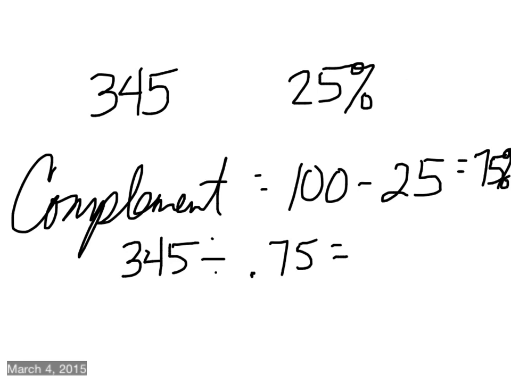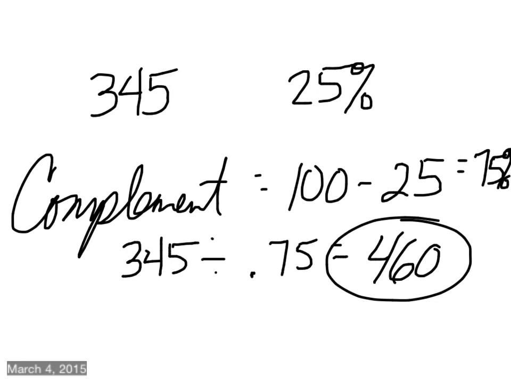What, Em? 460. Yes. So it cost us $345 in order to buy whatever that was, and we're going to turn around and sell it for 460, just so that way we cover our costs and make a little bit of profit. That was number 1.